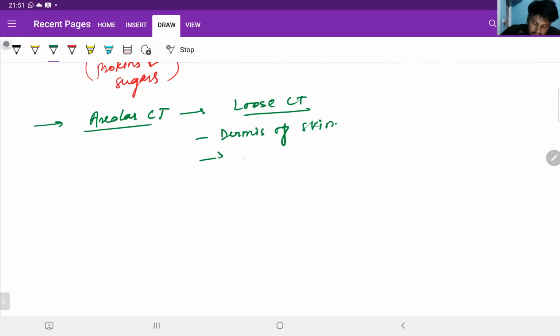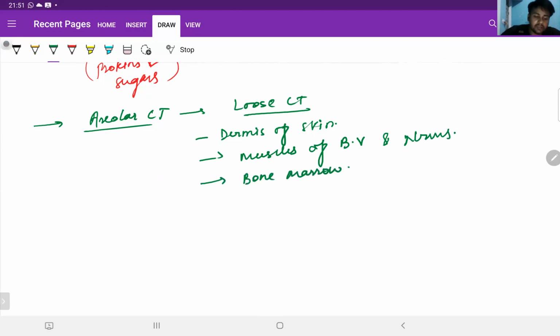It is present around the muscles, blood vessels, and nerves. It is also present in bone marrow. These are the locations. And if I talk about their function, they fill the gap inside the organs and support internal organs.